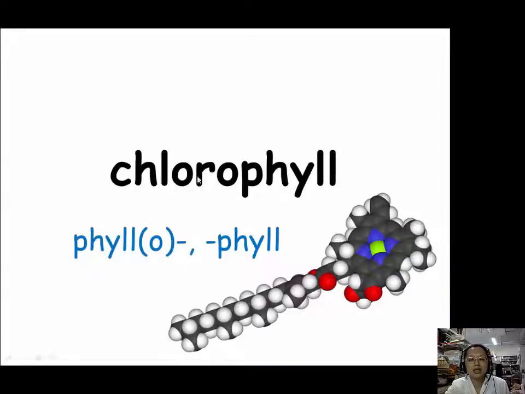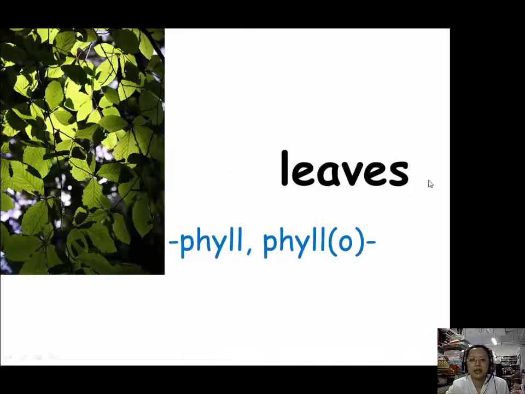The prefix chloro is green, and then phyll is anything related to chlorophyll. And the same prefix and suffix can be used to describe leaves, because chlorophyll is found in leaves.